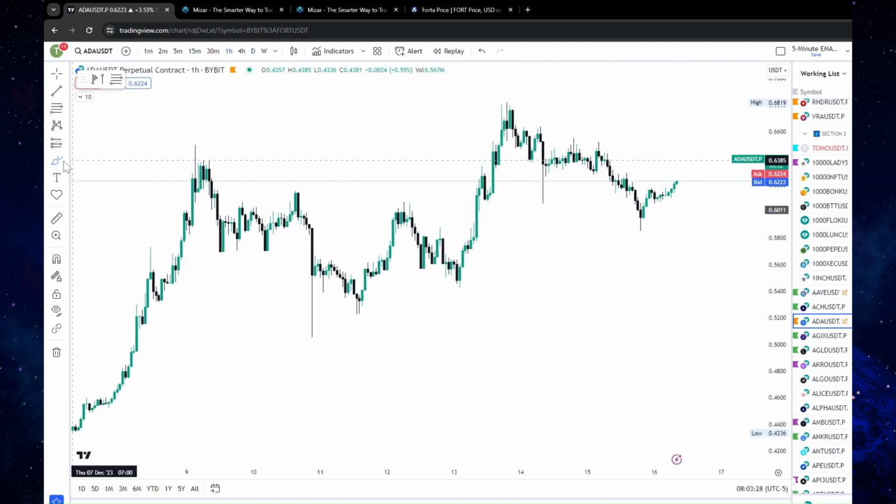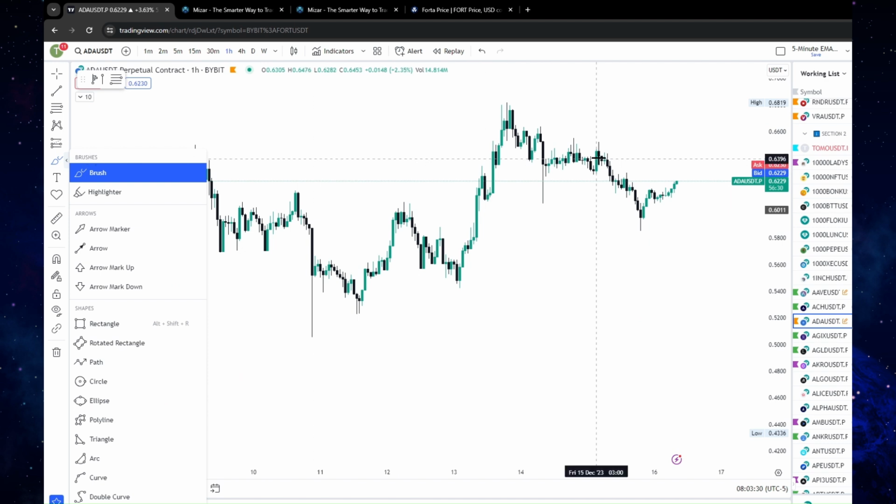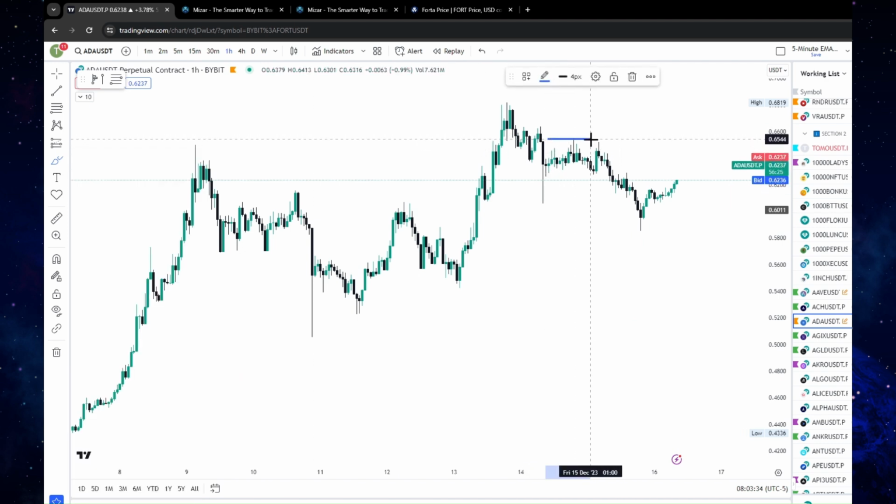just for illustration purposes, the way the Martingale works is that, let's say, somehow you entered your base order here at this price level, and then the price continues to drop like this. Your safety order, the first one, would be here, and then the second safety order, for example, would be here. And the idea with the Martingale or DCA is that as you make these purchases at a lower price, you average out your cost.